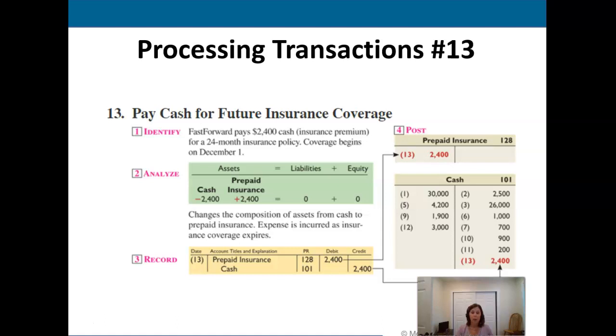Our cash will go down by the $2,400 that we paid. And then we will talk in future chapters about how we adjust that prepaid insurance account as the year goes on and we use up more and more of that annual insurance premium. But for now, don't worry about that. Just know that when you make the initial payment, the entire thing goes into a prepaid insurance account, and then you're going to credit your cash by the amount of money you spent.